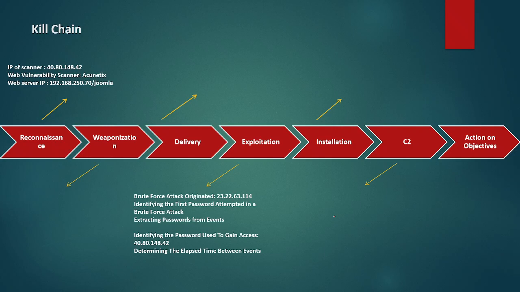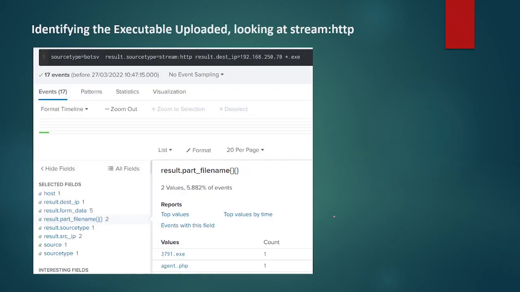We'll go back. Now we need to go further. So now we know that the credentials are already compromised, right? What else? Identifying the executable uploaded. We'll be looking at stream data again. We'll be looking at Suricata as well.